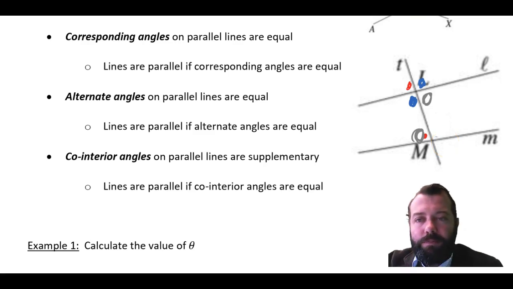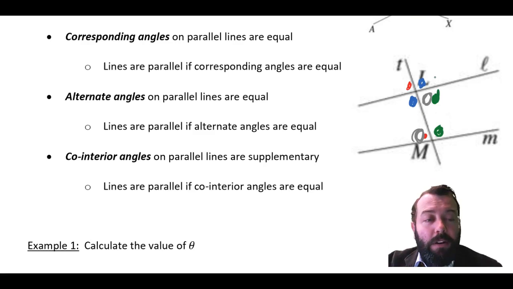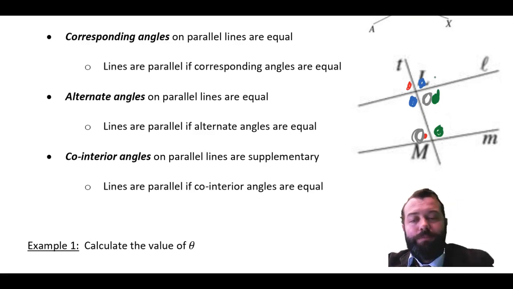And the last one are co-interior, and that's like this one and this one. Co-interior. Now, they're not equal. Co-interior angles are supplementary. They add up to 180 degrees. They're a little different. The other ones are all equal.